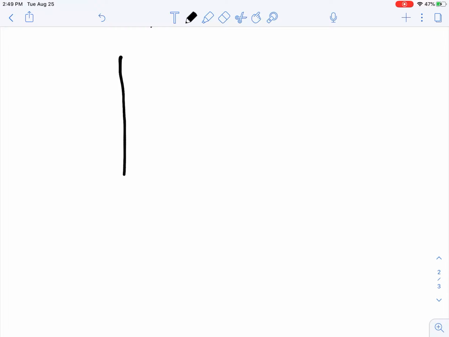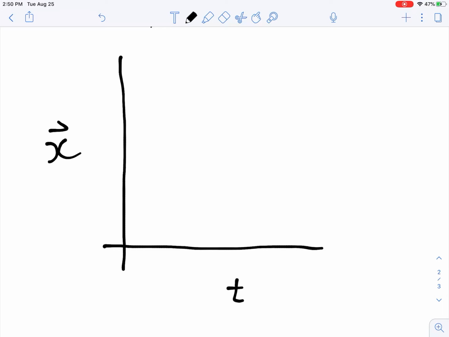Let's just imagine that we plotted the position of somebody every second. At time equals 0, they were at some location. At 1 second, we measured their position. At 2 seconds, we measured their position, and so forth. Let's say that we plot it and we get that line.